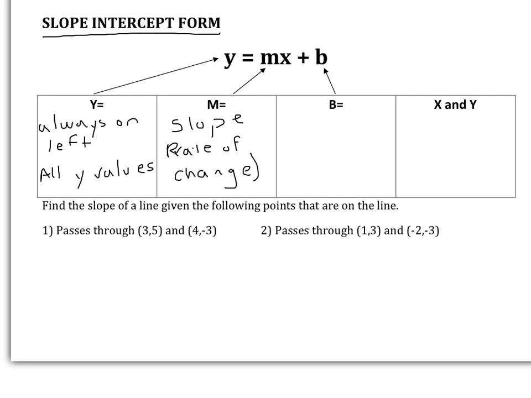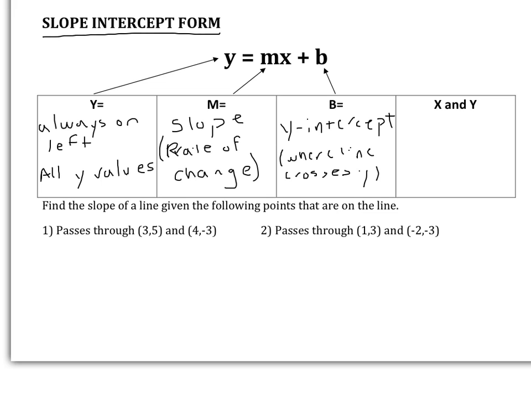The next one is b. b is a new one for us. b stands for the y-intercept, or the place where the line crosses the y-axis.